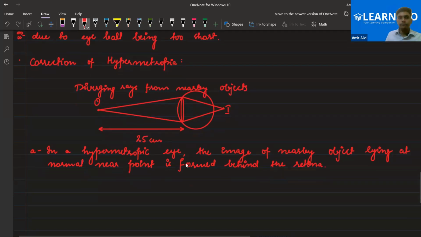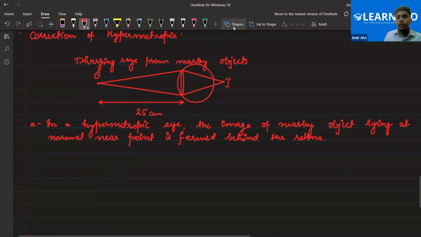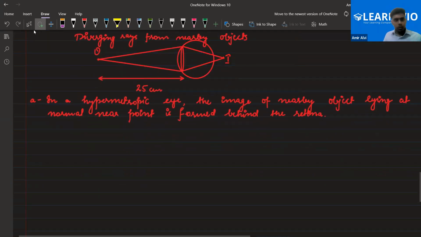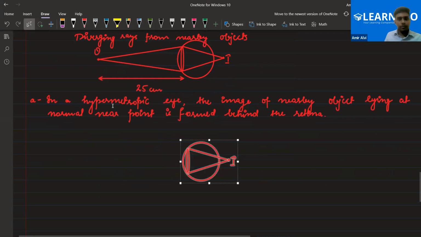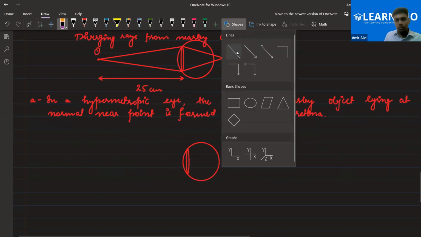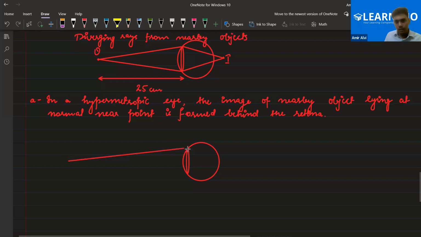Okay, behind the retina. Next case is, in actual, the near point is shifted away from 25 centimeter. The image is formed on the retina when the object is at a distance greater than 25 centimeter.